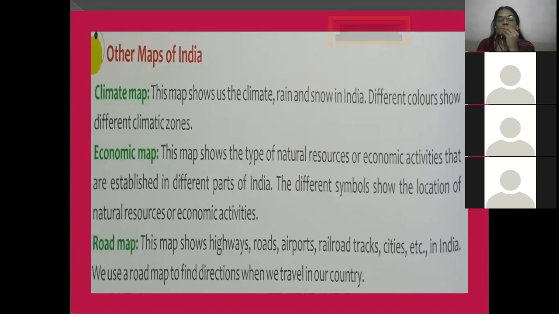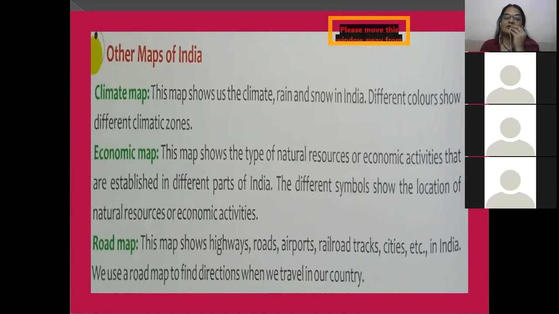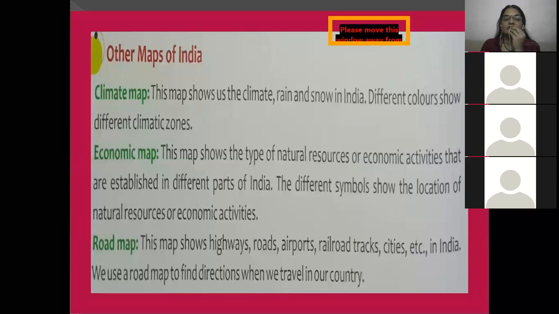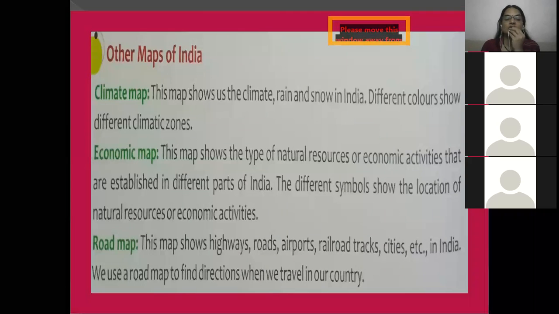These types of maps explain about the natural resources of the country, such as minerals, iron, coal. These all resources are being used. Different symbols show the location of natural resources or economic activities.